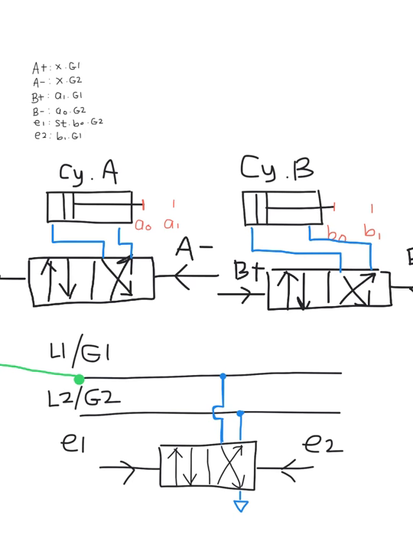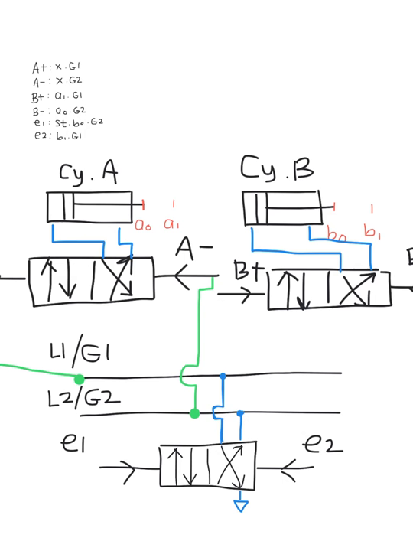Then for A minus, again X and G2, so no limit switch. We directly connect with line G2. You have to make a jump there and put a dot to make it connect.